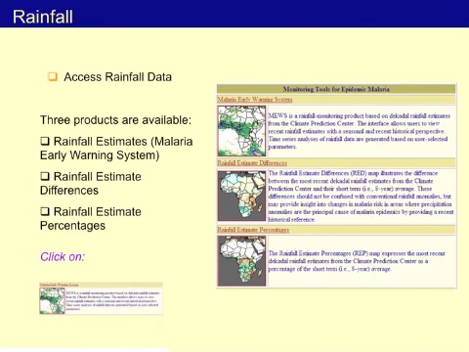The third product is similar to the second one, but expresses the most recent 10-day rainfall estimates as a percentage of the short-term average. If you click on the first map, you will come up with the following interface.